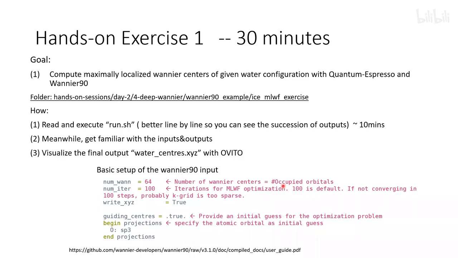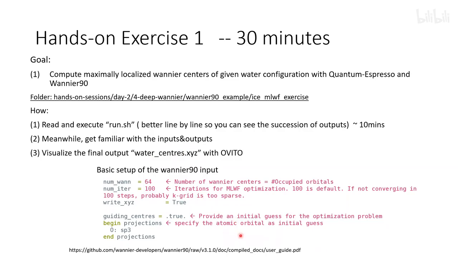That's just the number of occupied orbitals, the number of electrons divided by 2. Then the number of iterations, the default value is fine. You don't need to change it. And this option is for outputting the coordinates of the Wannier centers and the original molecular system.